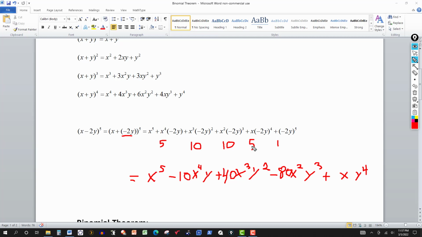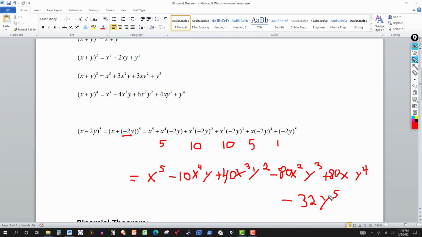And the coefficient we got was 5, so this is 80. And then the last one, odd power, so this will come out to a minus. Coefficient is 1, so it's minus 2 to the 5th. It's a minus 32. Y to the 5th.